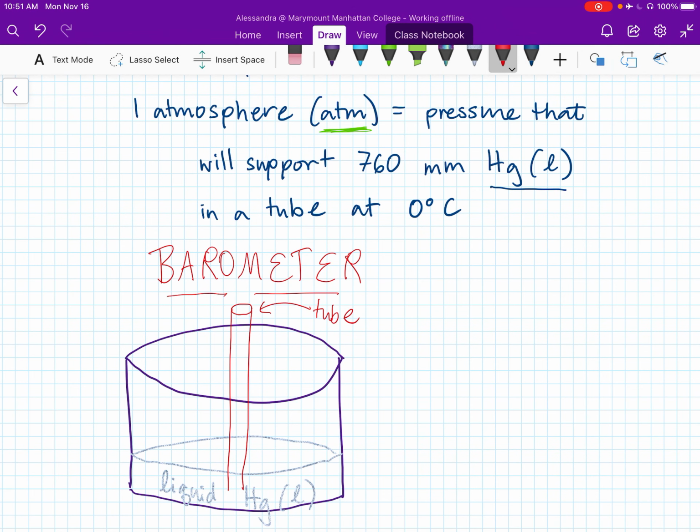Now, this device is open to the atmosphere. So you have air molecules from the atmosphere pushing down onto the top of the mercury in your barometer. And those air molecules will hit the surface of the liquid mercury and push the liquid mercury up the tube.